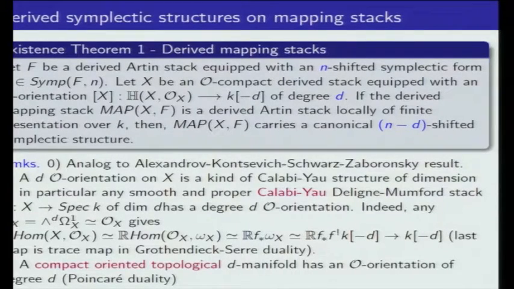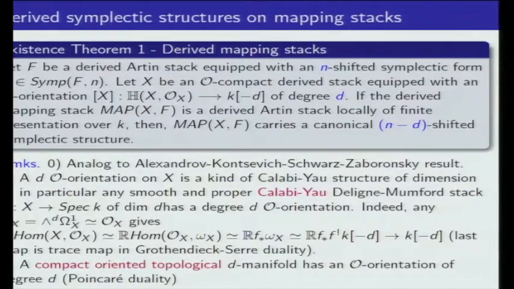Any topological space gives you a derived stack, because any topological space gives you a usual stack. So you can consider maps from this oriented object, Calabi-Yau of dimension d or compact topological oriented of dimension d, to something which you know is already n-shifted symplectic. Then the mapping stack is (n minus d)-shifted symplectic. So there is a canonical induced (n minus d)-shifted symplectic structure. This will be important in the Donaldson-Thomas theory, if I get to that.